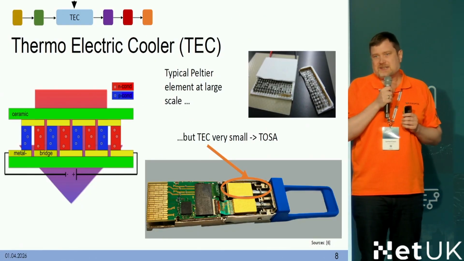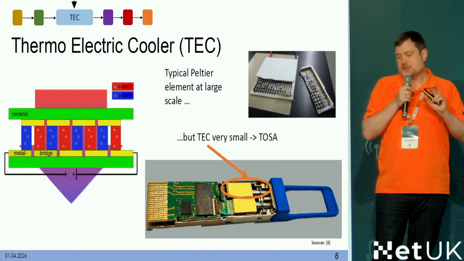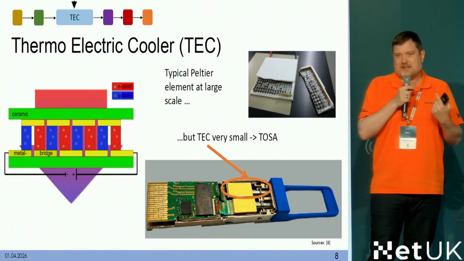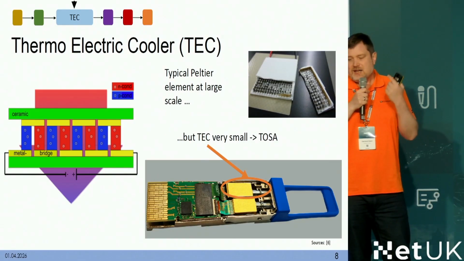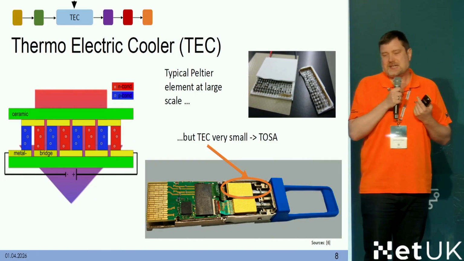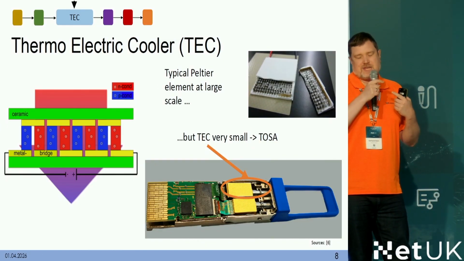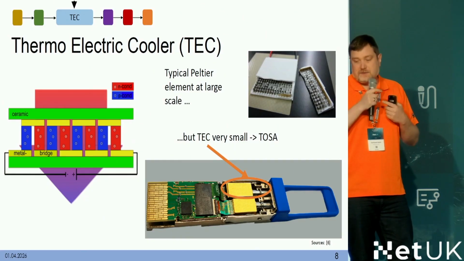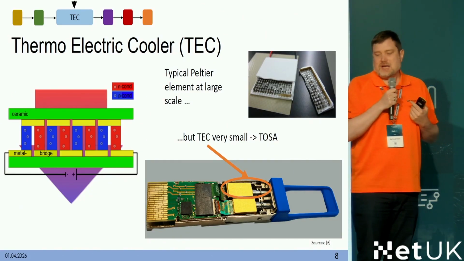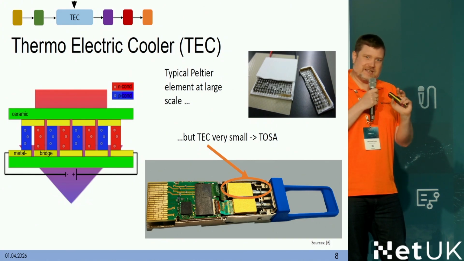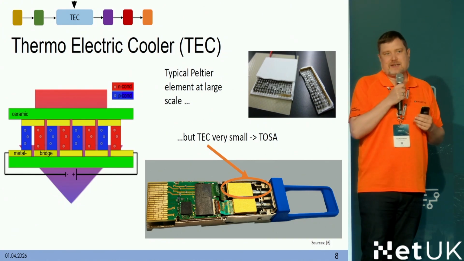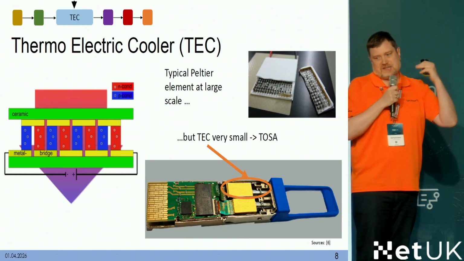The principle is that when you put a voltage on it, a current flows, and through the current flowing and the exchange between your doped elements, which are negatively doped and positively doped, you get an energy level difference, and with this energy level difference, you are inducing a heat flow. Depending on how the voltage is set, you can decide in what direction this heat flows, and you set up your cold side and your warm side.